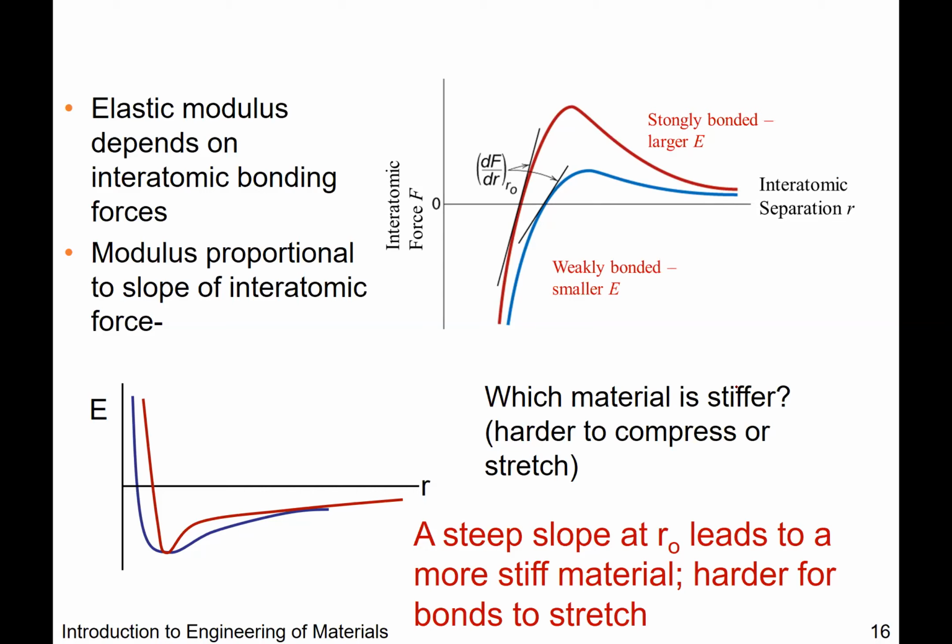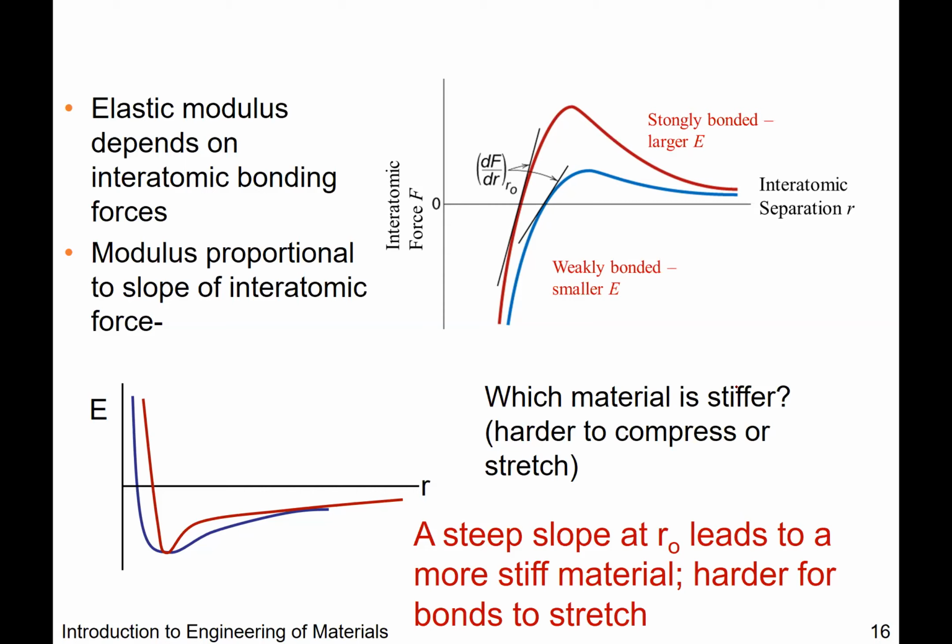I'll remind you about the bond energy curves that we talked about, where we looked at the second derivative of the energy curve. The first derivative is force, the second derivative is the curvature, and that gives us a sense of how stiff or how strongly bonded these atoms are to each other in a material.